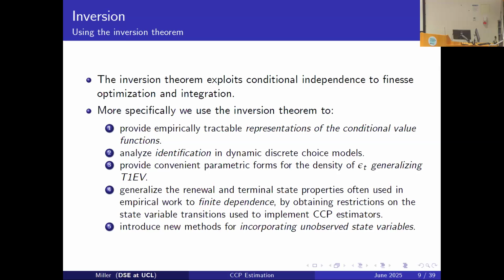Second thing, you can analyze identification within this framework. In other words, there's always a question: is that likelihood function converging as the number of observations increases? Is it converging to something that's flat in certain parts? In other words, does it converge to a unique optimum or not?